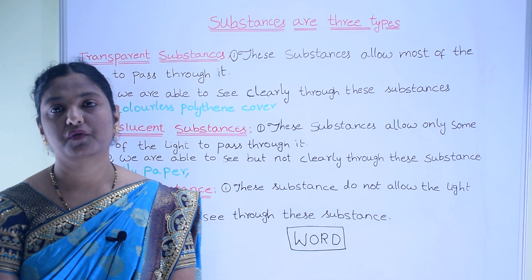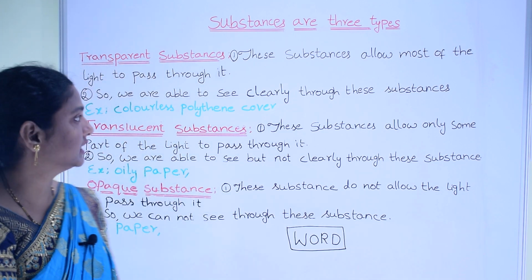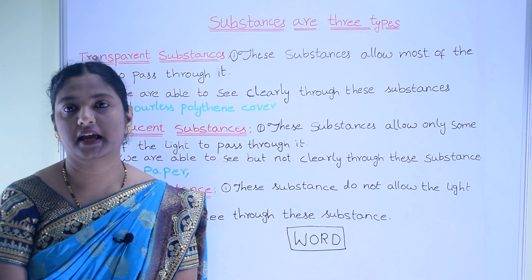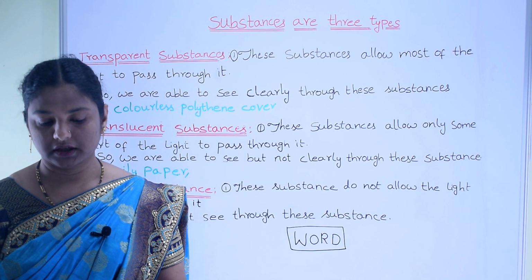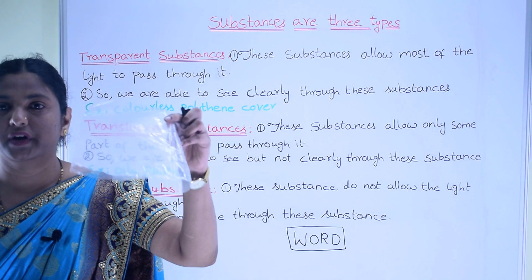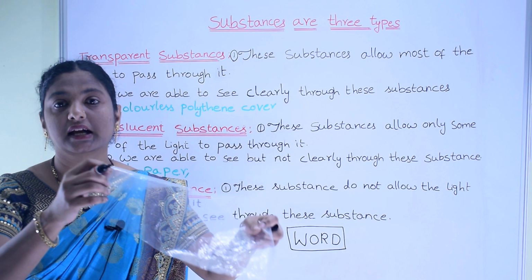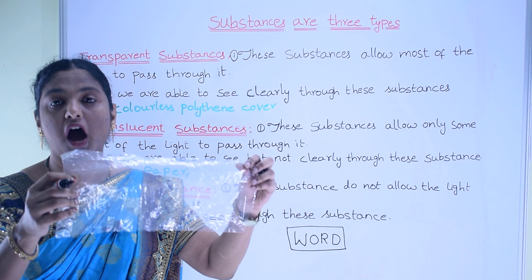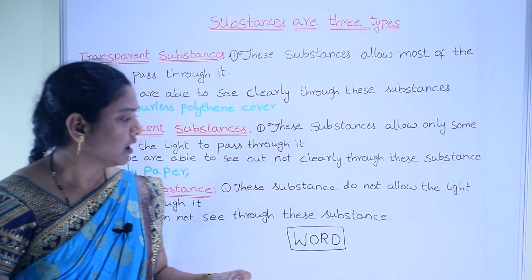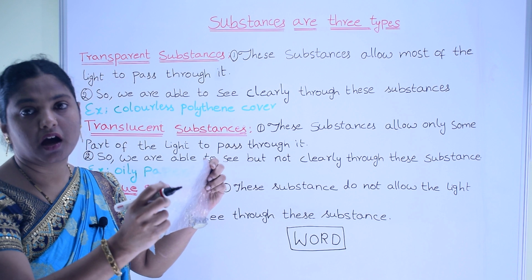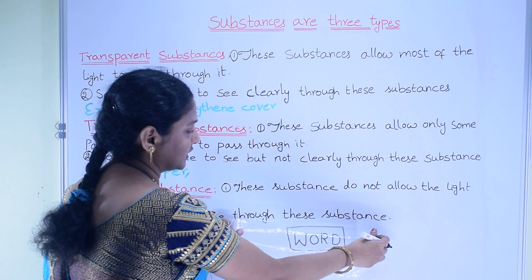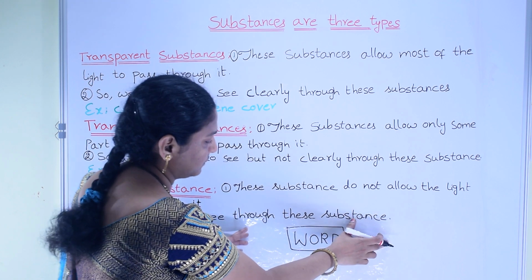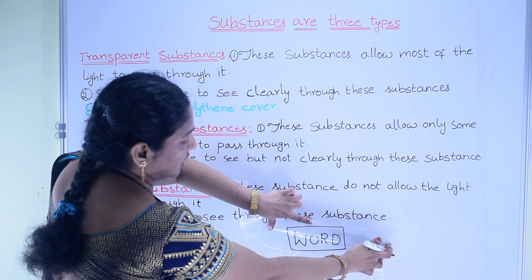Okay, now we will go for the explanation of transparent substances. For this, I am taking a polythene cover. This is a colorless polythene cover which we have in our houses. Now I kept this polythene cover before this word. What do we observe?